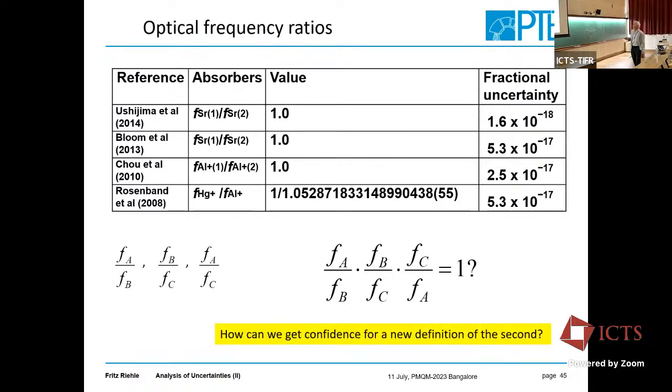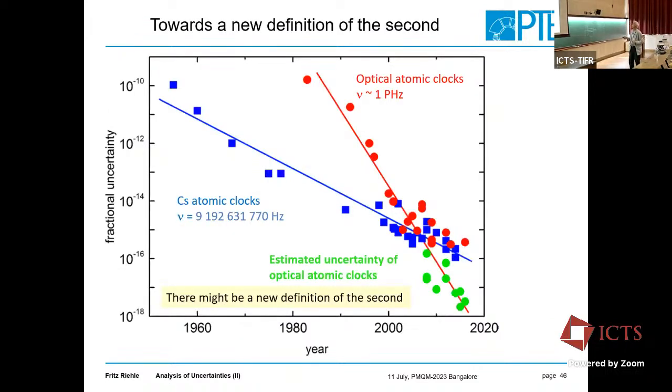Okay, how can we get confidence then in a new definition of the second? I have talked a lot about the optical standards now, and we talked yesterday about this curve of the cesium clocks, but in the meantime, optical clocks have achieved much lower uncertainties, but not the accuracy, because the accuracy depends on the definition of the time and frequency, and this is the cesium clock.